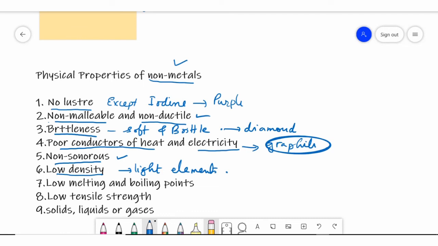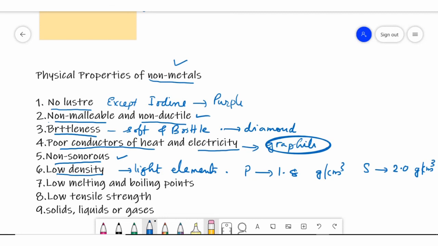For example, the density of phosphorus is 1.8 gram per centimeter cube. And that for sulfur is 2.0 gram per centimeter cube, which means they are very light elements.